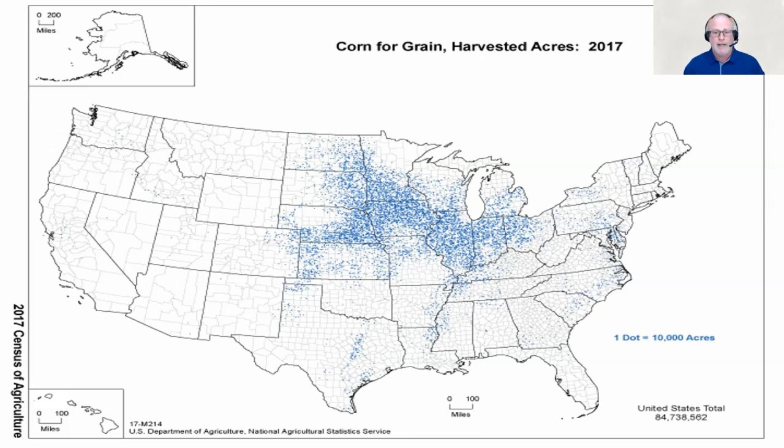And we can certainly see that the states that begin in the letter I, Indiana, Illinois, Iowa, all really high levels of corn being harvested. So when we see this dot map, we know that it's going to be distribution. It's not so great for density because, again, in an area of great density, look what happens. We get dots on top of dots on top of dots. If I asked you to quantify and say, how many dots do you see in Iowa? That would be hard for you to do.